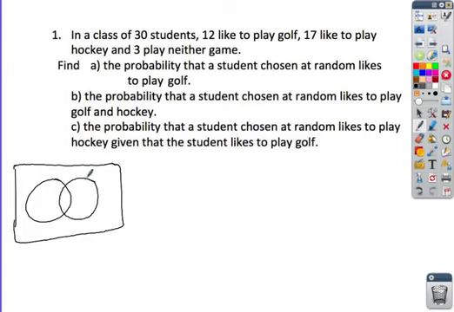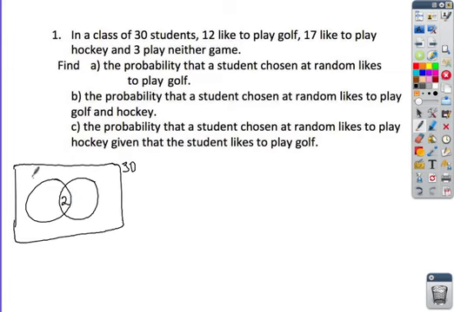We know that there will be overlapping circles, because if you look at the total, we have 12 and 17, 29, and 3, 32. So we have more than the total number of students in the class in the sample space, so some must have been counted twice. Obviously, if the total is 32 and we know there are 30 in the class, 2 were counted twice, those go in the middle there.